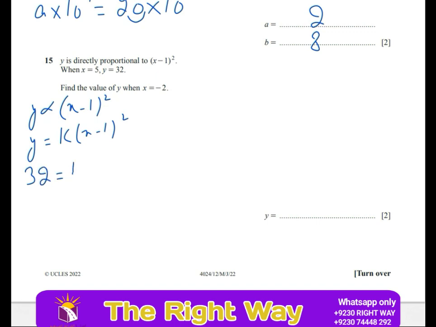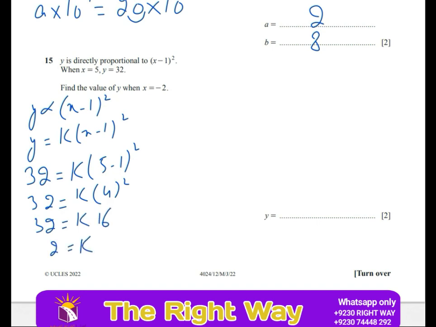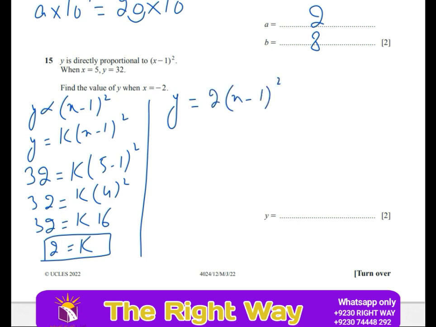So 32 is equal to k times (5 minus 1) squared. 32 is equal to k times 4 squared. 32 is equal to k times 16, and k will be equal to 2. 32 by 16 is equal to 2. So the formula will become y is equal to 2 times (x minus 1) squared. I have put the value of k over here.